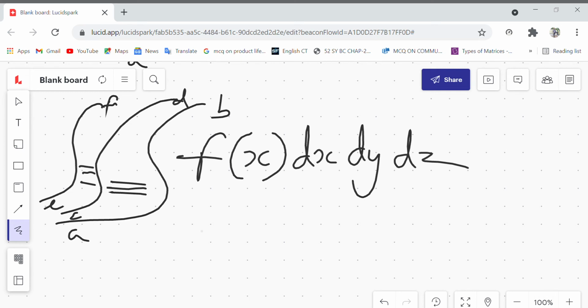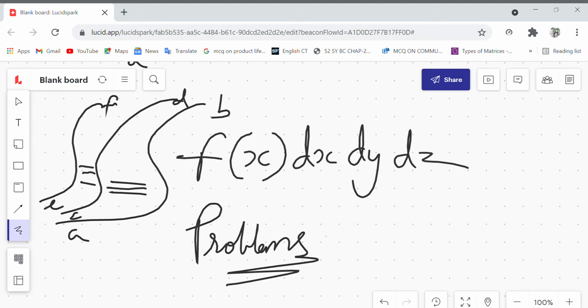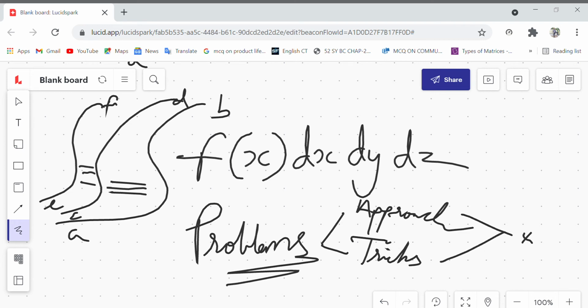So now let's move on to the problems from where we can know the approach and some tricks by which you can solve those problems. Key points. So let's get started.